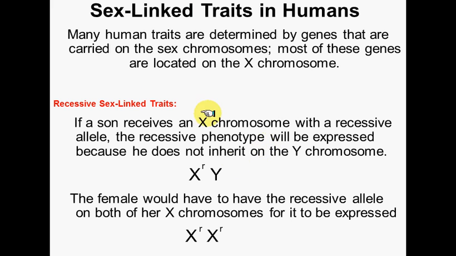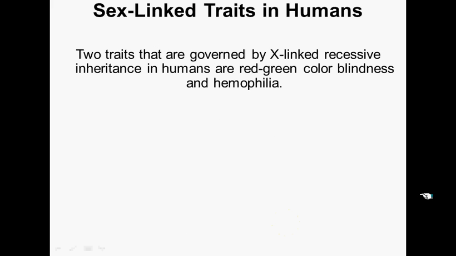Two traits that are governed by X-linked recessive inheritance in humans are red-green color blindness and hemophilia. People who have red-green color blindness can't differentiate these two colors. So right now, if you see an 8, you might have red-green color blindness, because what you should really be seeing is the number 48. Color blindness is caused by the inheritance of a recessive allele on either of two gene sites on the X chromosome.